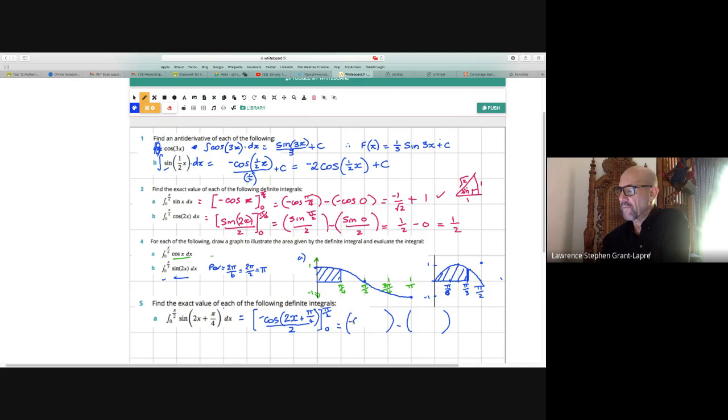So negative cos of 2 pi over 2, that's pi, plus pi over 4, over 2, and now 0, so negative cos of 0 plus pi over 4 over 2. So we've got 5 pi over 4.